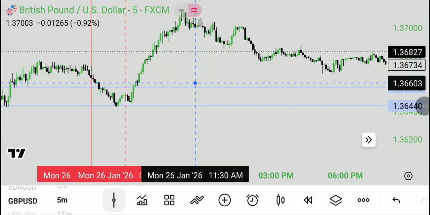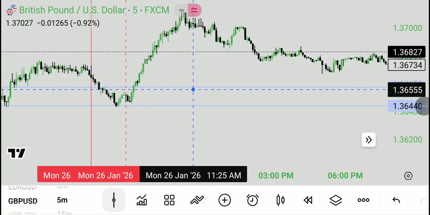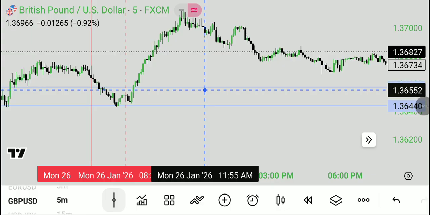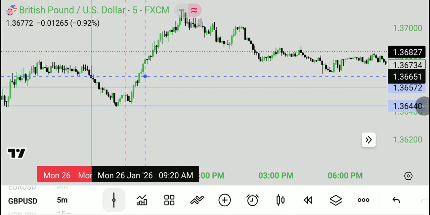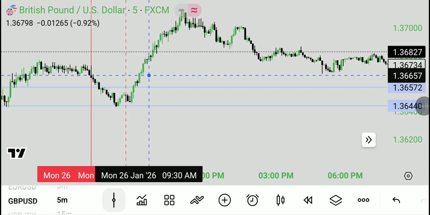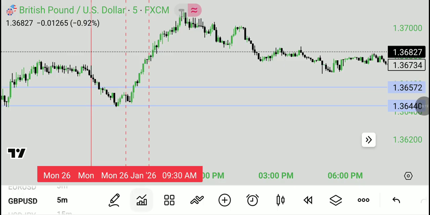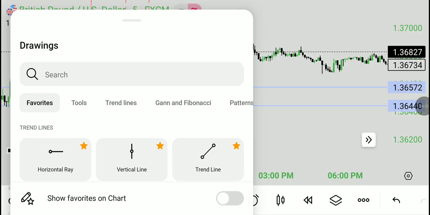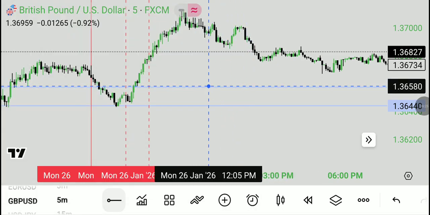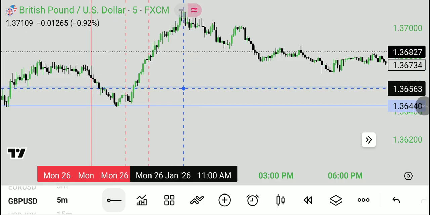All right, you can see here is 8:30 a.m. New York, which is on Monday. Here is 9:30. And here is 11 o'clock, where I always close.